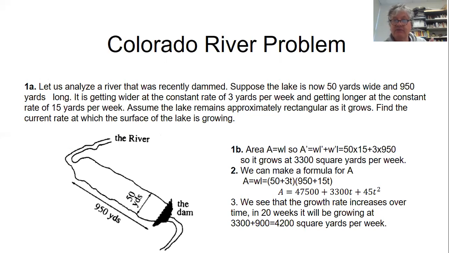So we've double checked then that the derivative at the start is 3,300 square yards per week. But we see actually that the growth rate is increasing, right? Because we're adding that 90t. So for example, after 20 weeks, it's growing at 4,200 square yards per week, right? The reason for that is it's getting wider and longer. So any increase in length and width now gives a bigger increase in area because we're multiplying by those bigger widths and lengths.